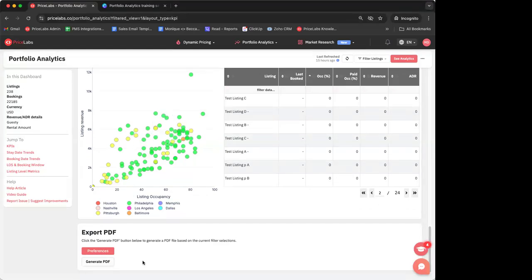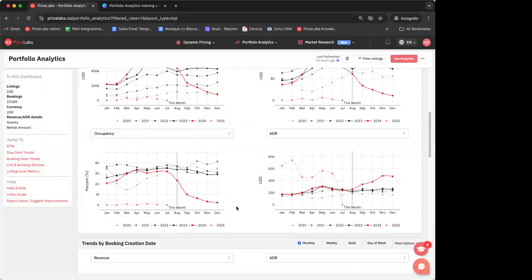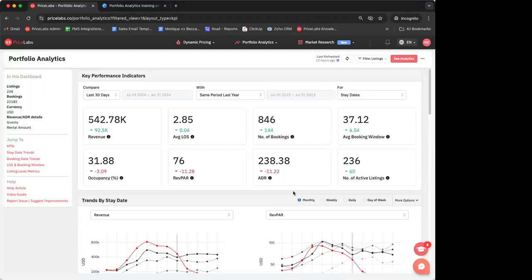If you have an owner that wants to see their own performance for an individual listing, you can generate a PDF and send it over to them. If you have your logo uploaded into PriceLabs in your settings up here, you'll see your logo right on that PDF. It's a really nice feature for reporting to owners or to investors, if you have investors, etc.